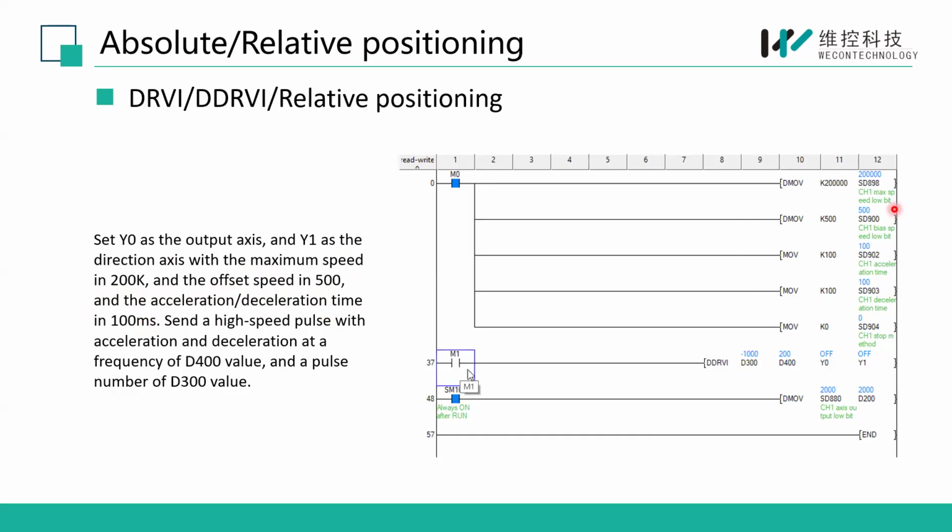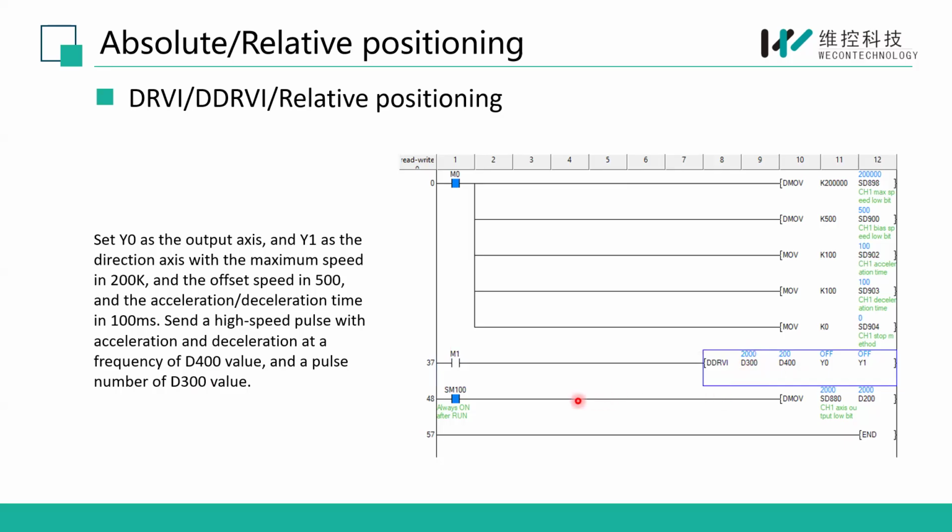This is the initial parameter. Then it sends the high-speed pulse with acceleration and deceleration at a frequency of the D400 value, and the pulse number is the D300 value. It's two parameters.